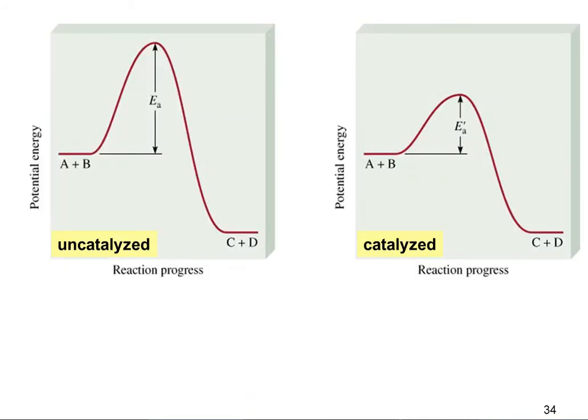This is a reaction pathway or reaction progress. For both reactions, one contains a catalyst and the other has no catalyst. Or in other words, one reaction with catalyst and another without catalyst.